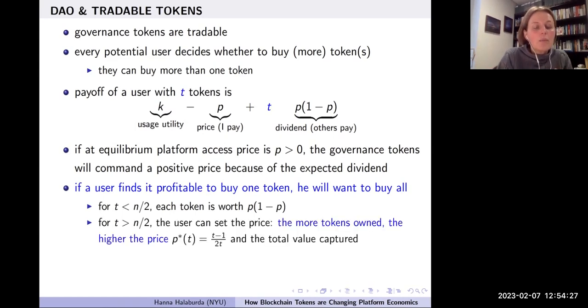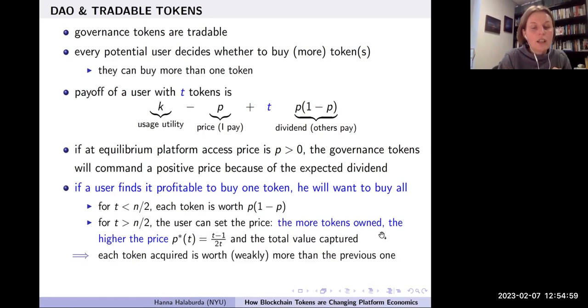But if you suddenly have the majority of tokens, you will be solely responsible for setting the price. You will set the price higher the more tokens you have. Maximizing this utility, this payoff expression with respect to the price for a given number of tokens, the optimal price is given by this formula. You are going to be increasing the price as you have more tokens.